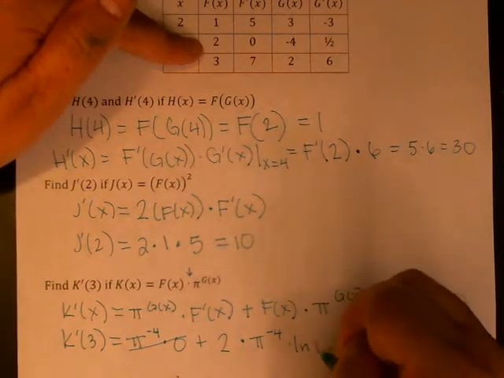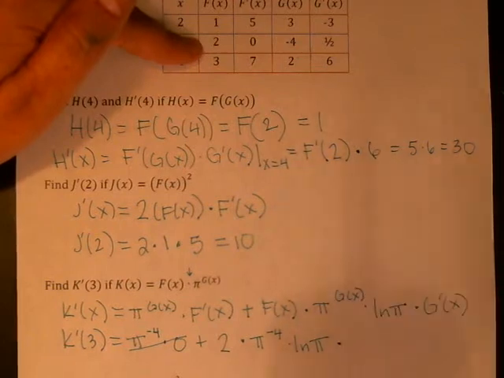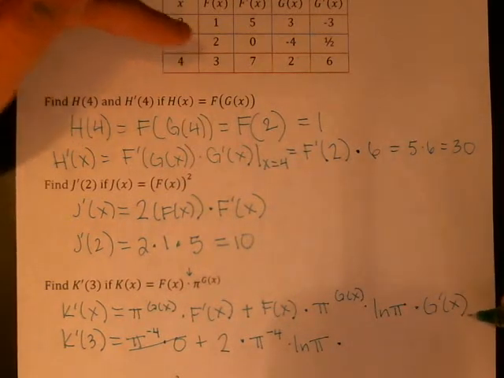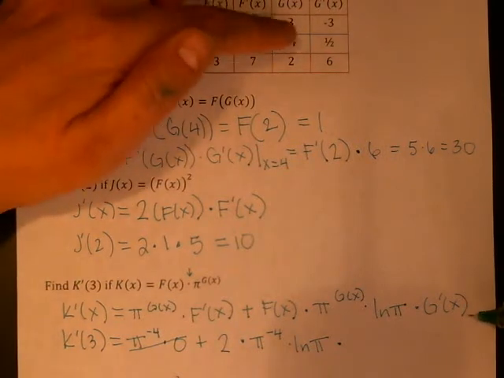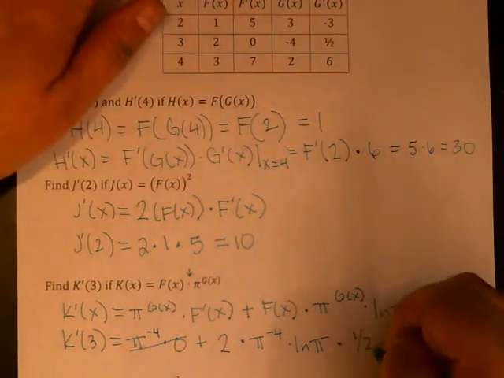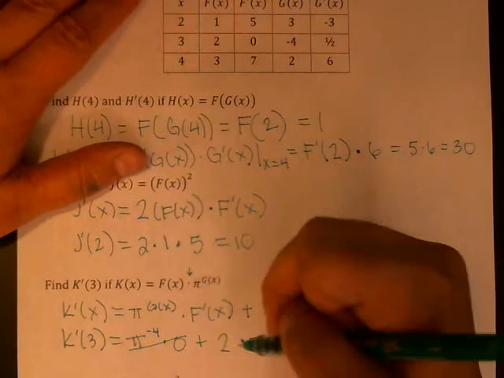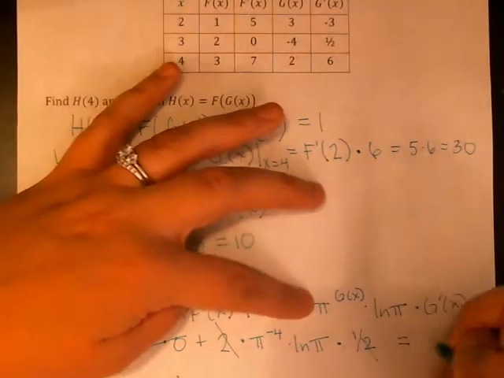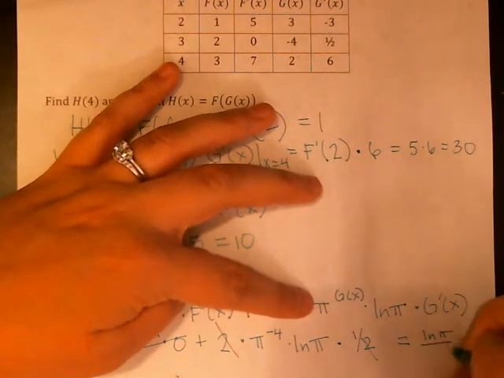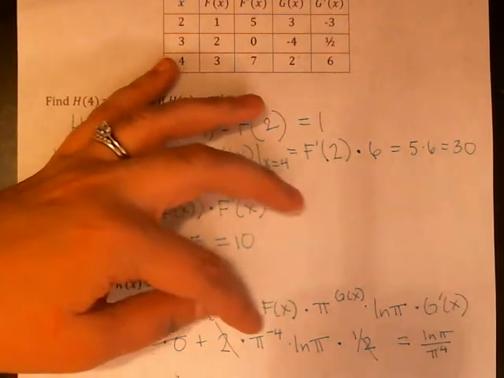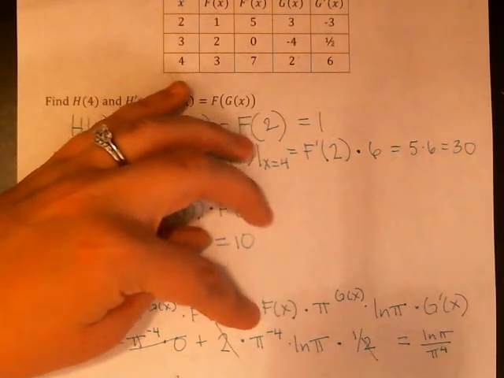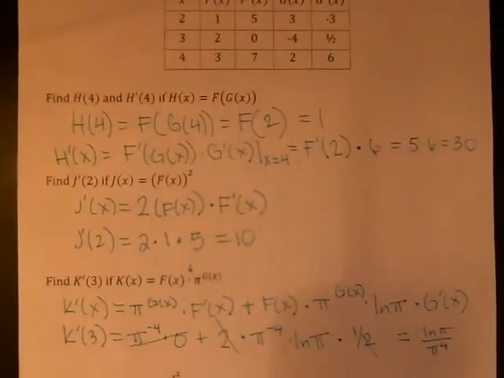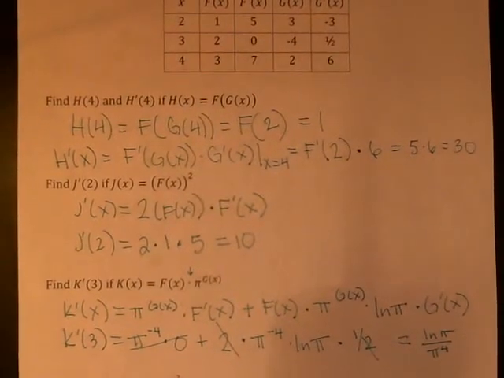And then the natural log of pi is just what it is. And then last thing, we need to multiply by g prime of 3. Okay, so g prime of 3 is 1/2, which it looks like the 2's will cancel. So we're going to get a natural log of pi divided by pi to the 4, just dealing with that negative exponent, and avoid the temptation to cancel the pi, it's inside the log, so you can't.